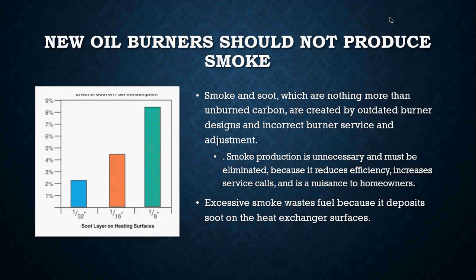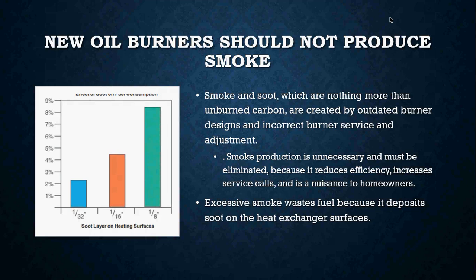Okay, excessive smoke wastes fuel because it deposits soot on the heat exchanger surfaces. Just 1/32 of an inch of soot accumulated on a heat exchanger is going to reduce the efficiency of a piece of equipment by maybe 2%.